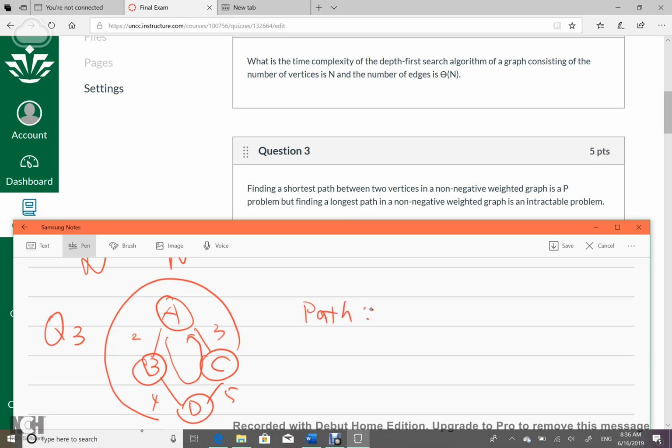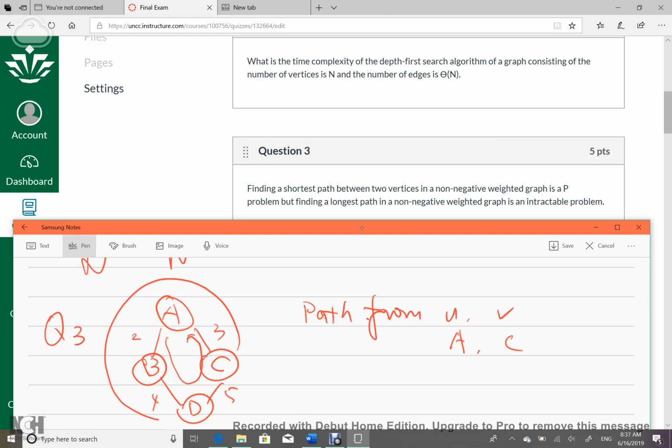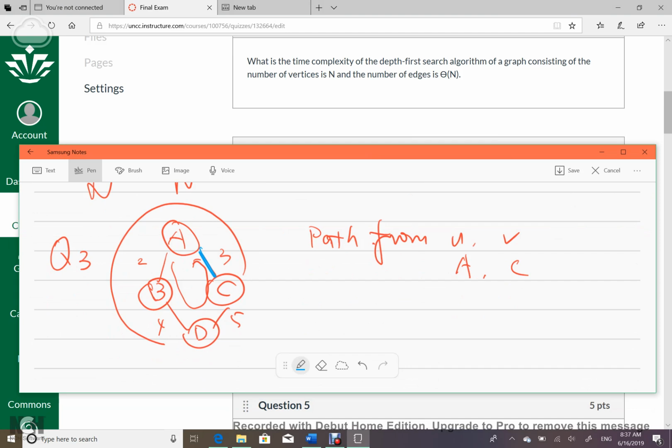The path from, let's say, U to V. From A to C, this is a one-step path from A to C, right?